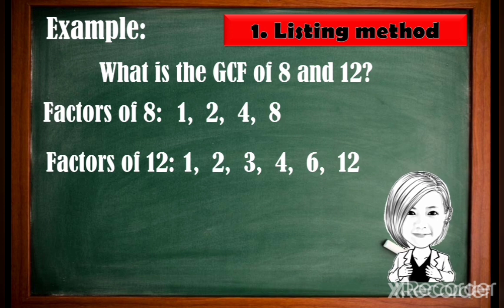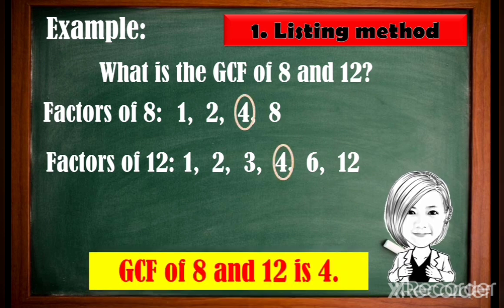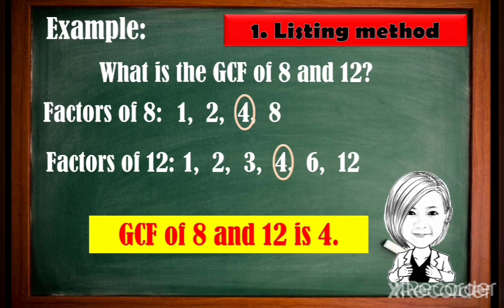Kung mapapansin natin, merong number na magkapareho. Yun ay ang 1, 2, 4. Greatest common factor or the highest number that is common for both 8 and 12, and that is 4. Ibig sabihin, the GCF of 8 and 12 is 4.